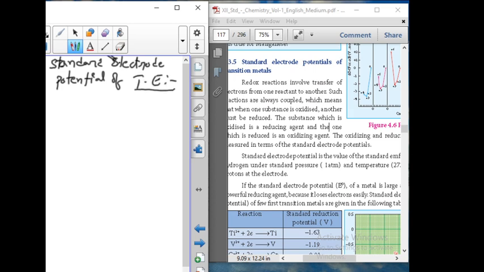Now we are going to discuss the standard electrode potentials of d and f block elements. Before going to the standard electrode potential of the transition elements, we have to know what is meant by a redox reaction.